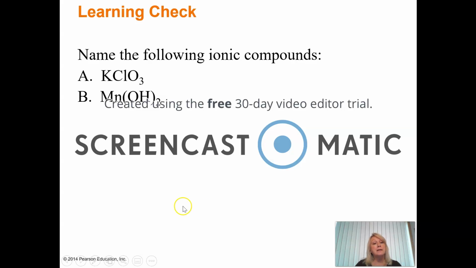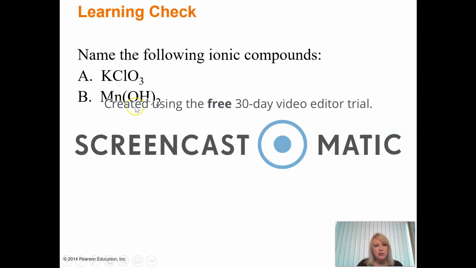Okay, on letter B, it is MnOH2. Okay, well here I know manganese, that's in the middle, and oh boy, I find it in my chart, and I can see that manganese has actually 5 possible oxidation states. So what am I going to do?